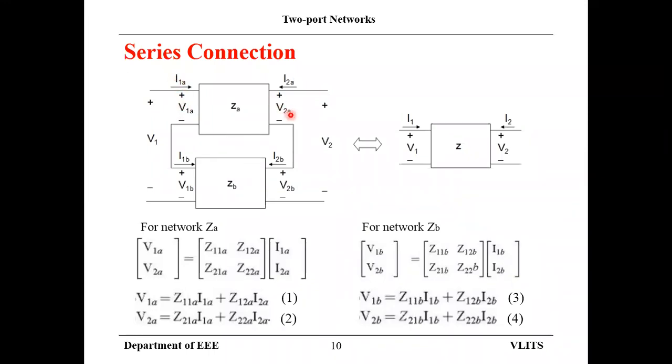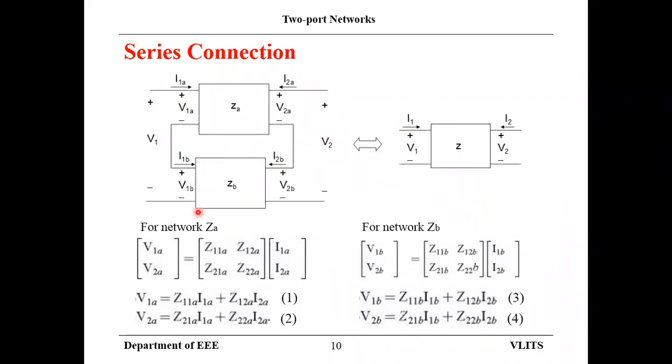Similarly, the output voltage and current are V2A and I2A. For network ZB, the input current and voltage are I1B and V1B, and the output voltage and current are V2B and I2B. The resultant voltage of the series connection, let me consider V1, and the output voltage is V2, and the currents are I1 and I2.